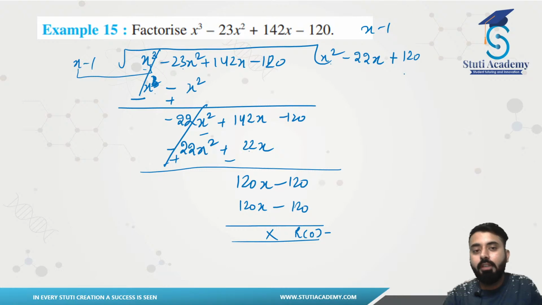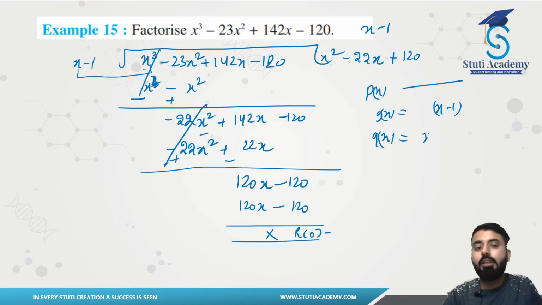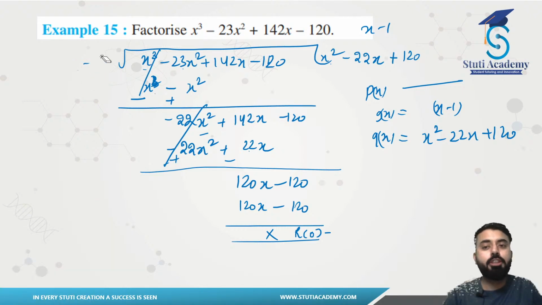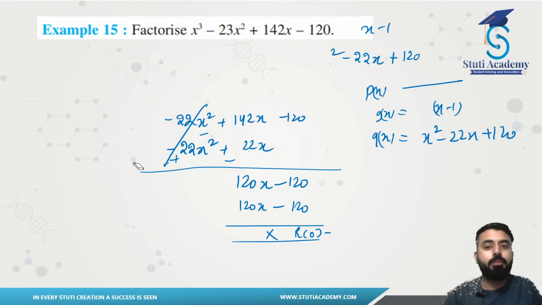So that means our p of x was the given statement, our g of x was one of the factors, x minus 1, and my q of x, that is what? That is x square minus 22x plus 120. Now we have to do what? We have to think of the factors that we can have here, and we have to factorize this equation. So I'm going to erase this portion here, since we do not need this.